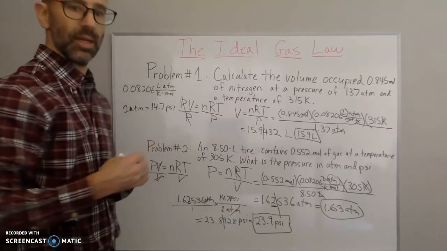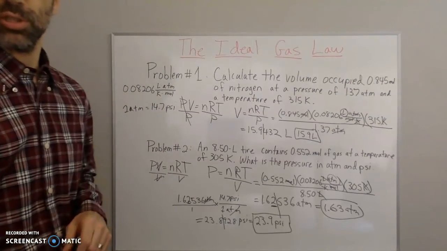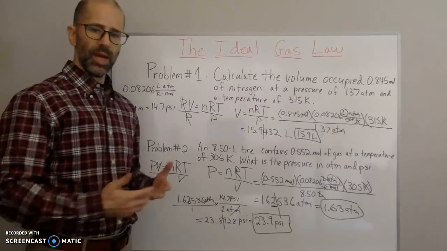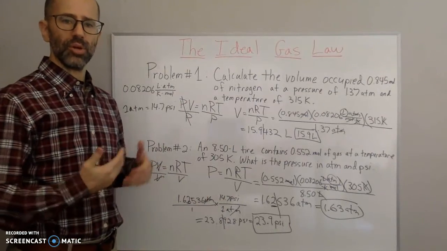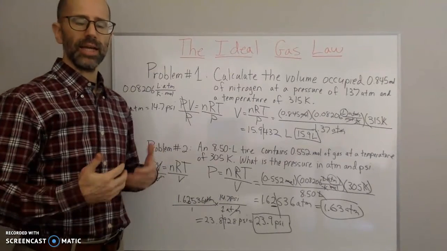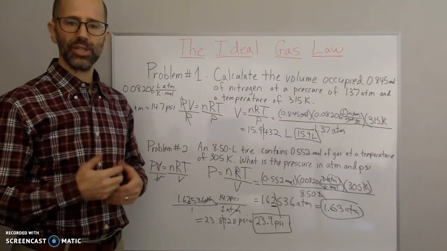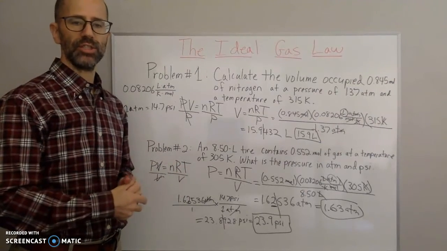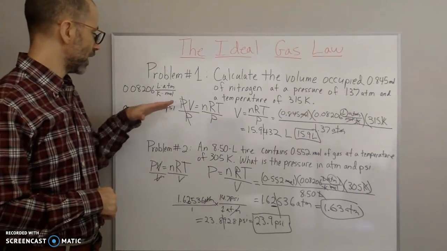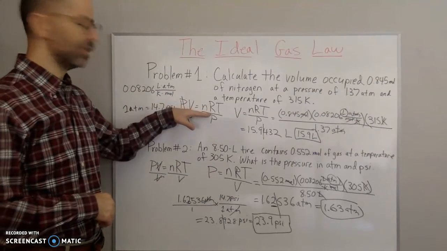So those are the answers to these problems. I hope this was helpful. These are the kind of problems where you would use the ideal gas law. Again, if there's no change in anything, they just give you a set of conditions and they ask what's the missing piece, then you're going to use the ideal gas law, PV equals nRT.